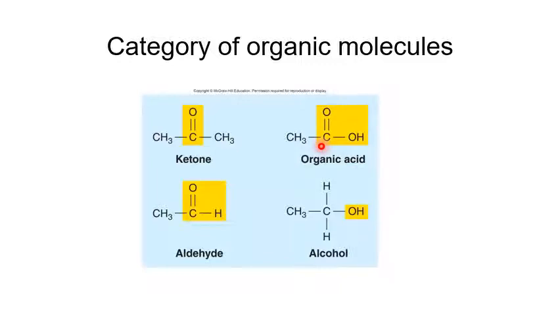I'll go back to amino acids. Amino acids, you can see we have an amine group, that NH2, the amino functional group. And your amino acids will also have a carboxyl functional group, making it an amino acid. And then your alcohols have your hydroxyl group here, your OH off the carbon.